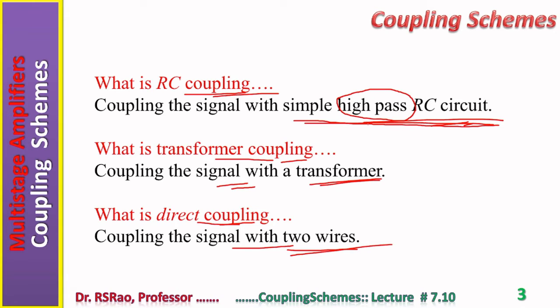Notice in RC coupling, lower frequencies, DC also, are prevented from reaching the other stage. In transformer coupling, DC is prevented from reaching the next stage. In direct coupling, everything is permitted, 0 to high frequencies, to reach the next stage.